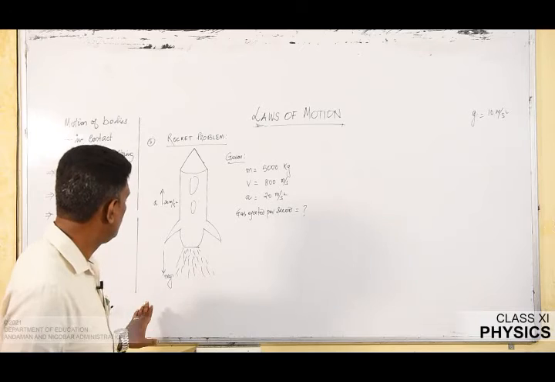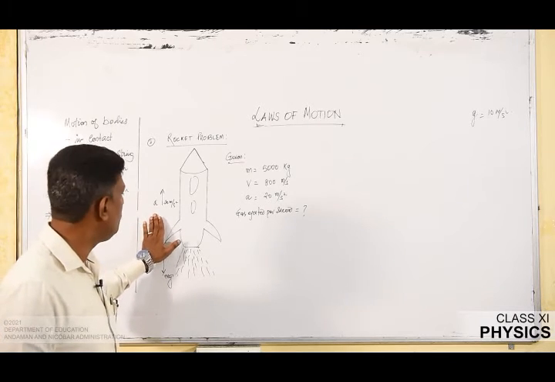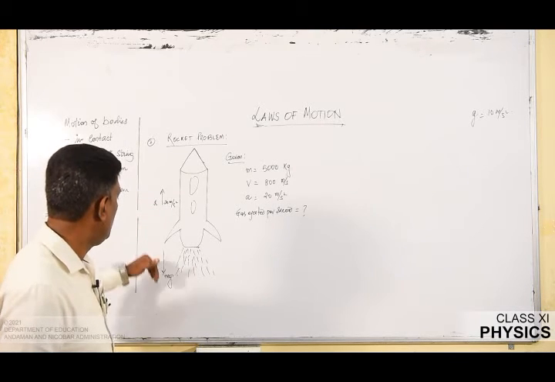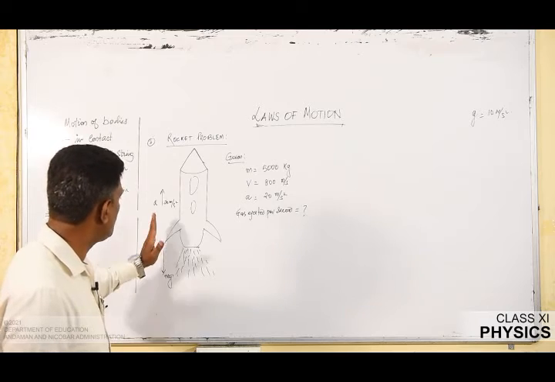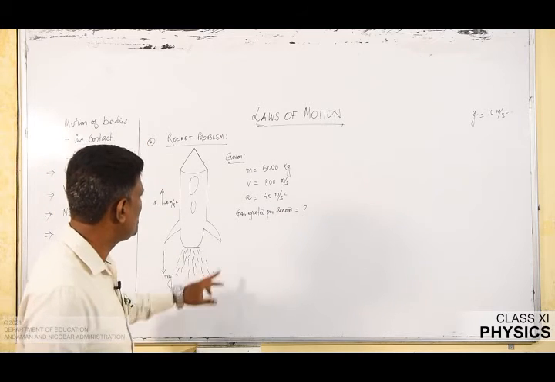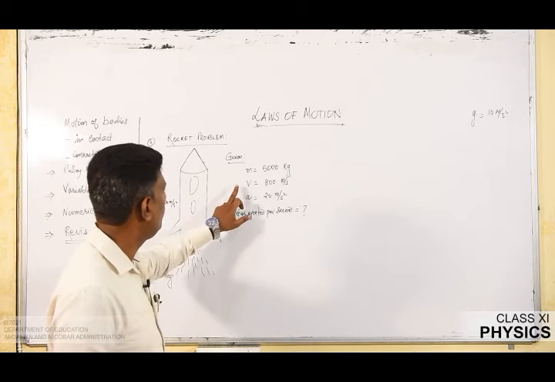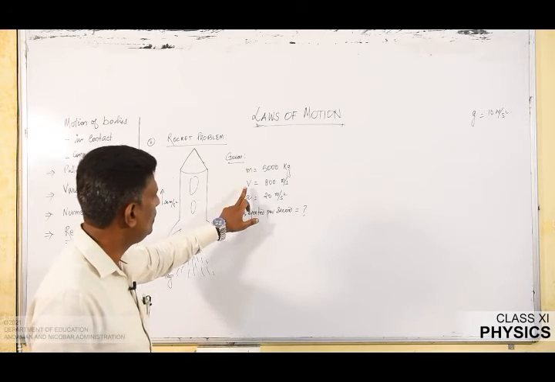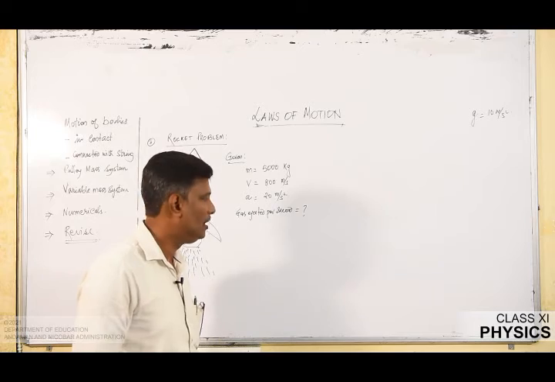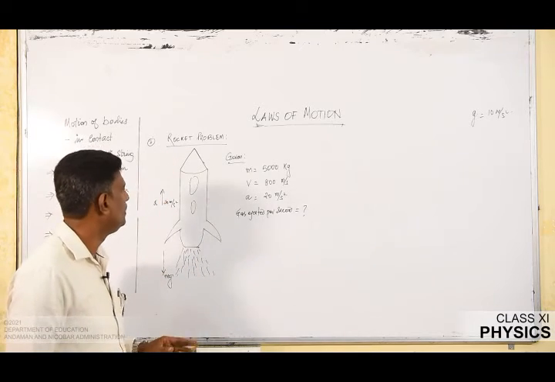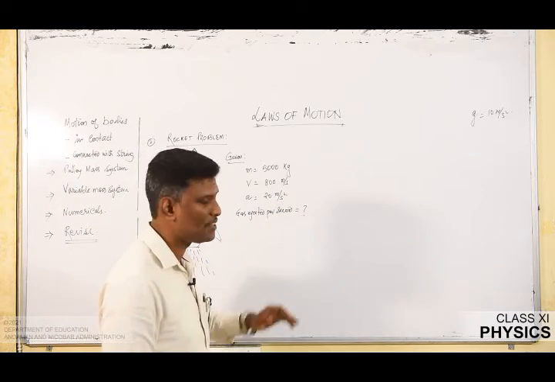A rocket with acceleration 20 meter per second square, mg downward, acceleration upward. What is given? Mass of the rocket is 5000 kg and velocity of the fuel ejection is 800 meter per second, and acceleration of the rocket is a is equal to 20 meter per second square.